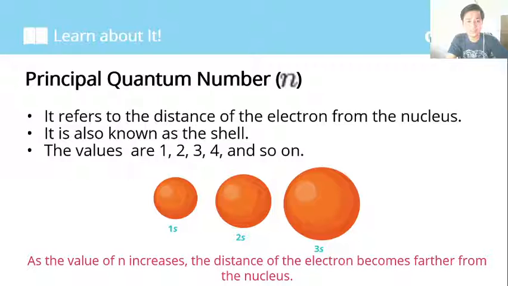The acceptable values for the principal quantum number are positive integers, such as 1, 2, 3, 4, and so on. As the value of n increases, the distance of the electrons from the nucleus becomes farther.